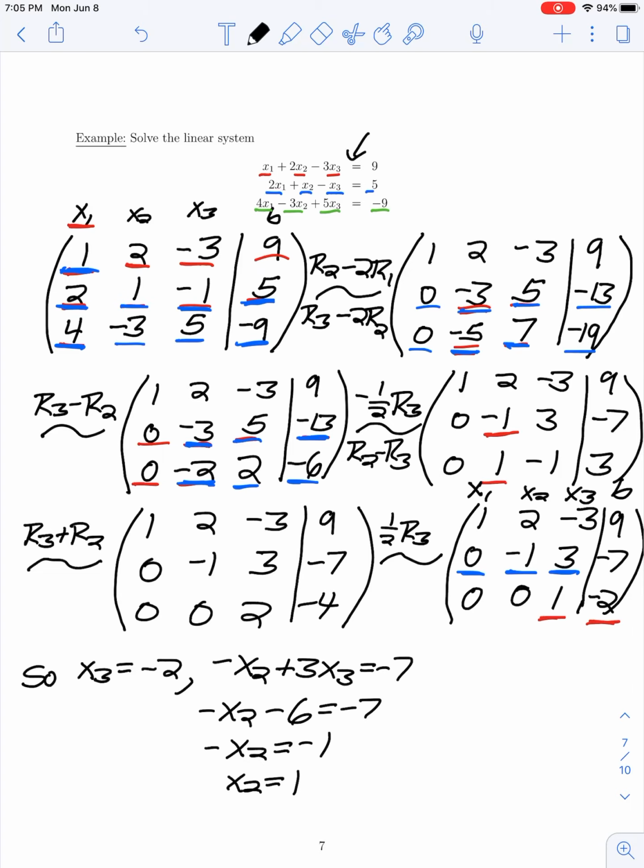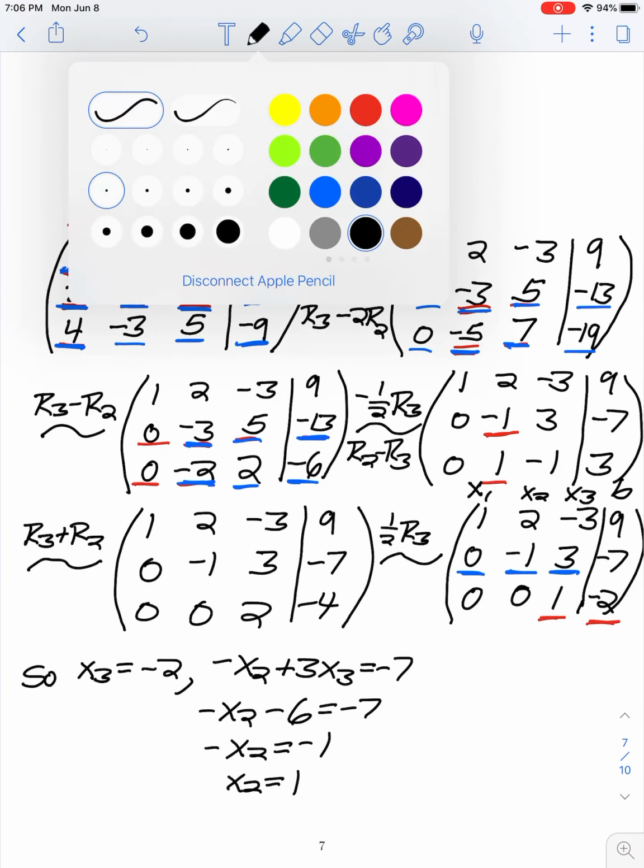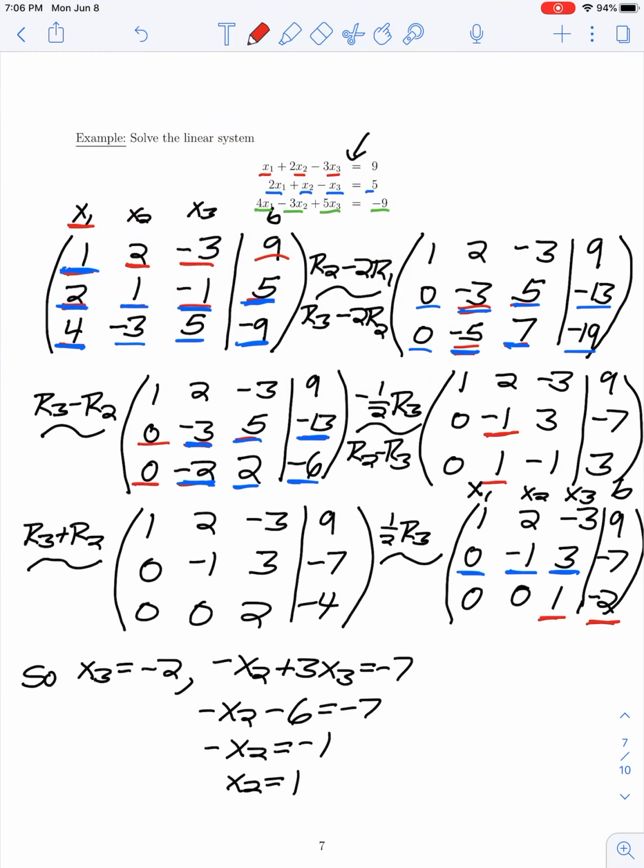And to find x1, we could back substitute the values for x2 and x3 into our first equation. Looking at the first row of our matrix, we have the equation 1x1 plus 2x2 minus 3x3 is equal to 9.